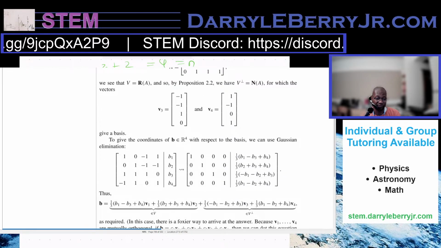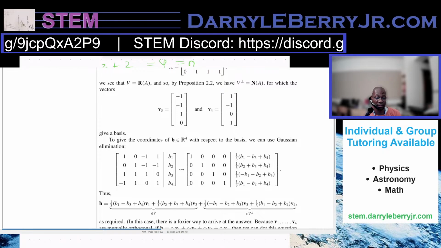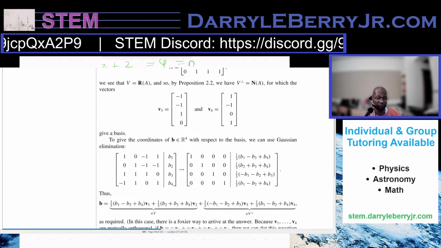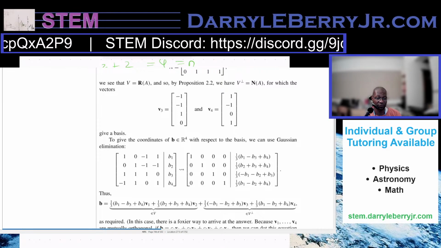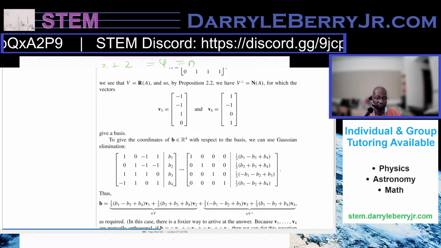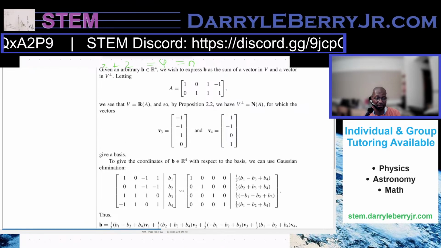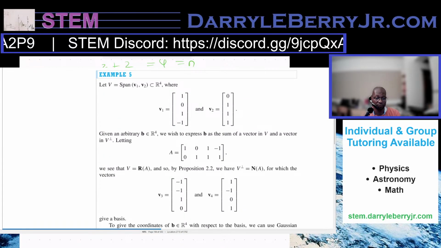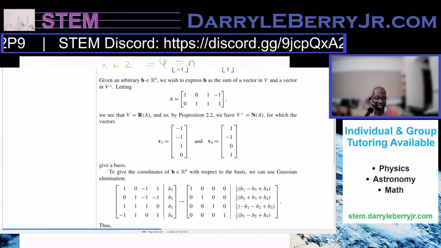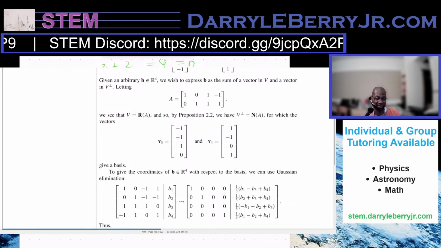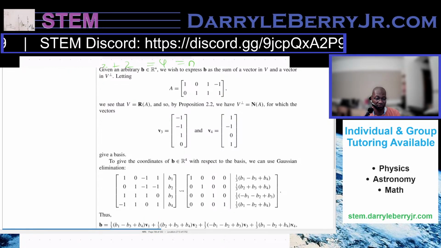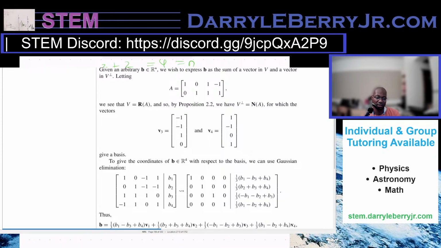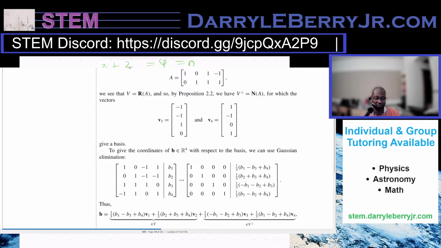To give the coordinates of B in R4 with respect to the bases, we can use Gaussian elimination. So now we took vectors v1, v2, v3, v4. So now we have the row space and the null space all in one matrix, and use Gaussian elimination.